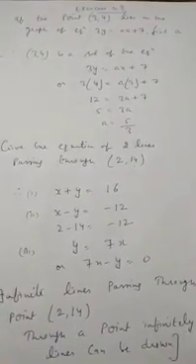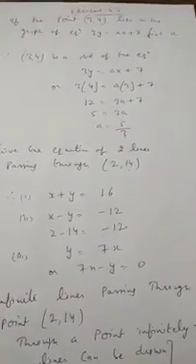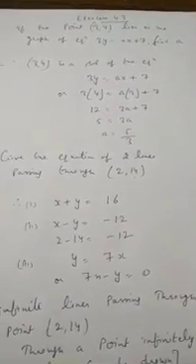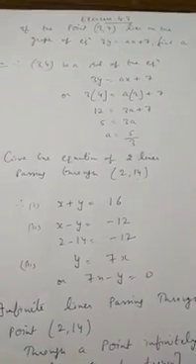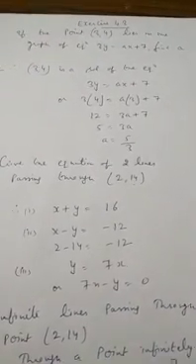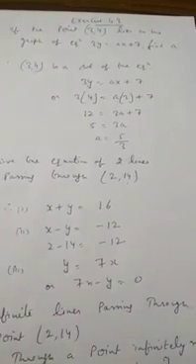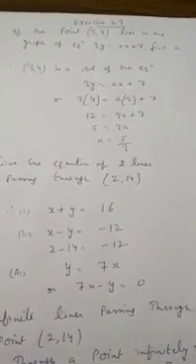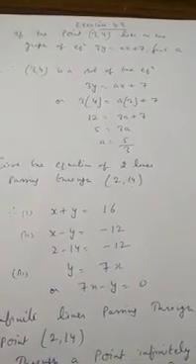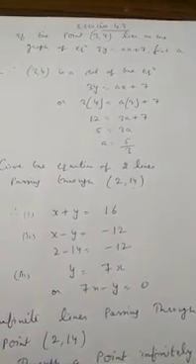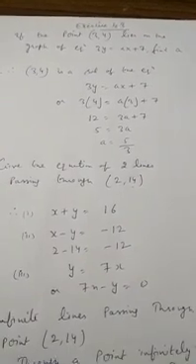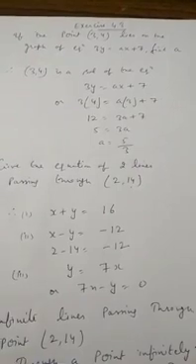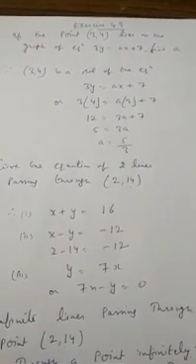Next question of 4.3. Give the equations of two lines passing through (2, 14). The coordinates of the point are 2 and 14, and the equation should pass through them. So we will make the equation by taking x as 2 and y as 14. We can make so many equations. By putting x as 2 and y as 14, I will get x plus y is equal to 16.